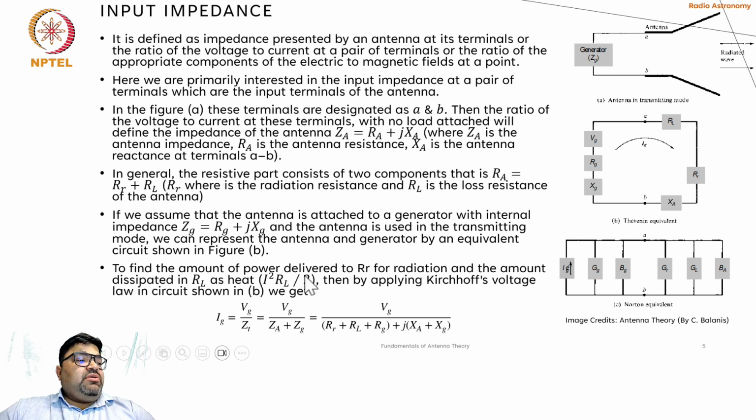Hence, to find the amount of power delivered to R sub R, the radiation resistance, for radiation, and the amount dissipated in R sub L, the loss resistance, as heat or ohmic loss, I squared R sub L over 2, we apply Kirchhoff's voltage law in the circuit shown in B. So this Kirchhoff's voltage law is applied, and I sub G can be written in terms of V sub G over Z sub A plus Z sub G.